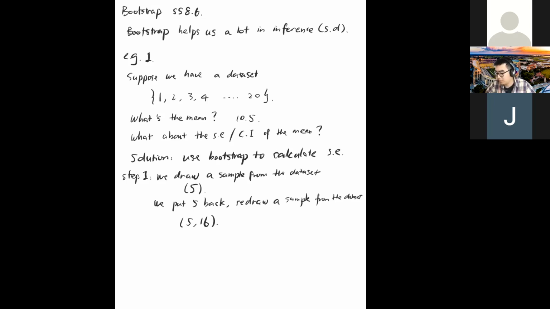So now we have two numbers in our new data set, 5 and 16. Then we put 16 back and redraw a sample from the data set again. We do this 20 times. Then we construct a new data set.